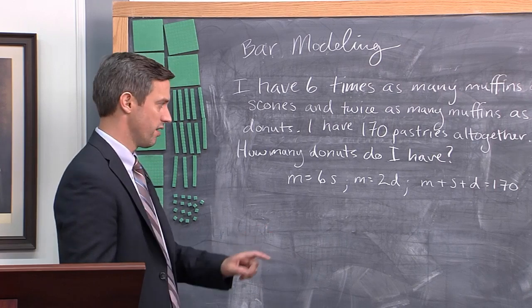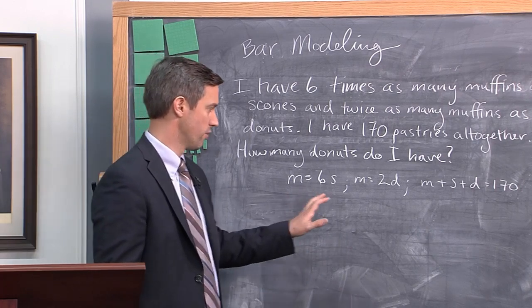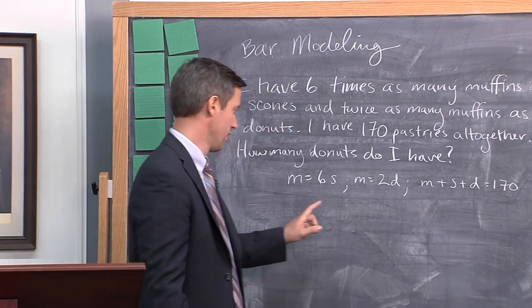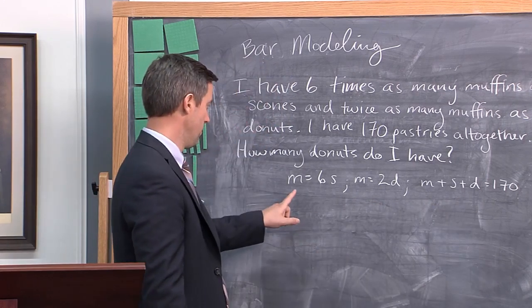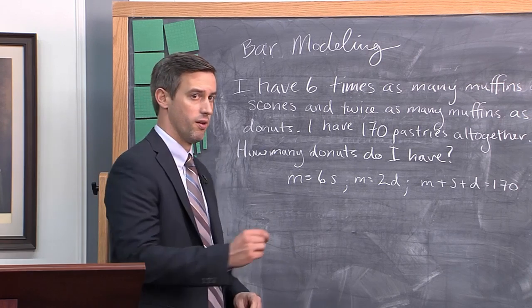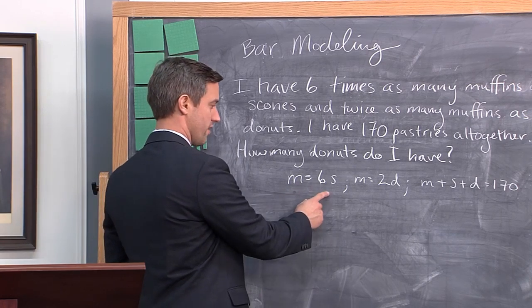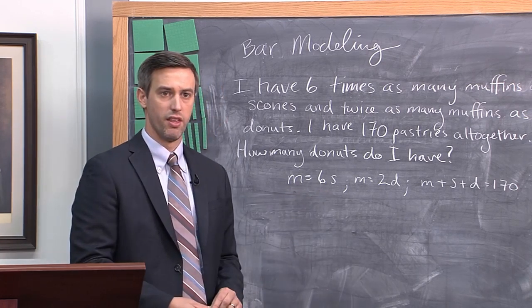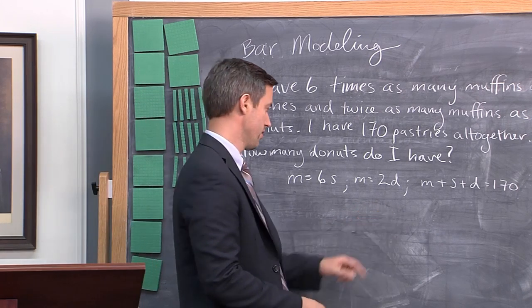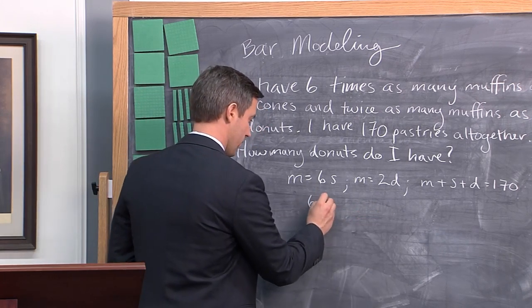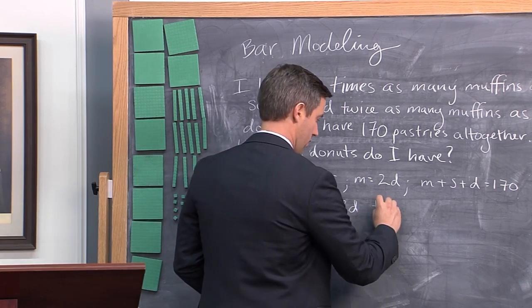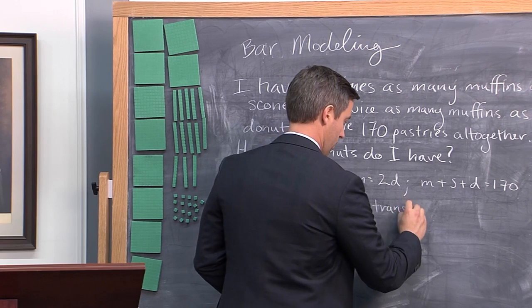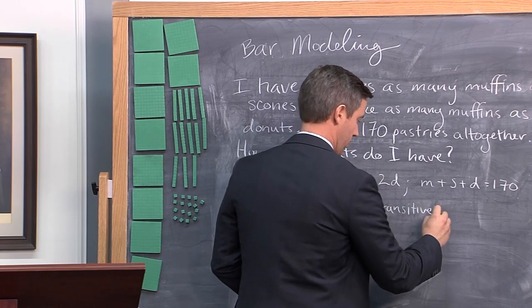Now, you have to get the equation in terms of one variable. So we're going to put the equation in terms of donuts. If muffins is equal to 6 scones, and muffins is equal to 2 donuts, then we know that 6 scones is equal to 2 donuts by the transitive property of equality.